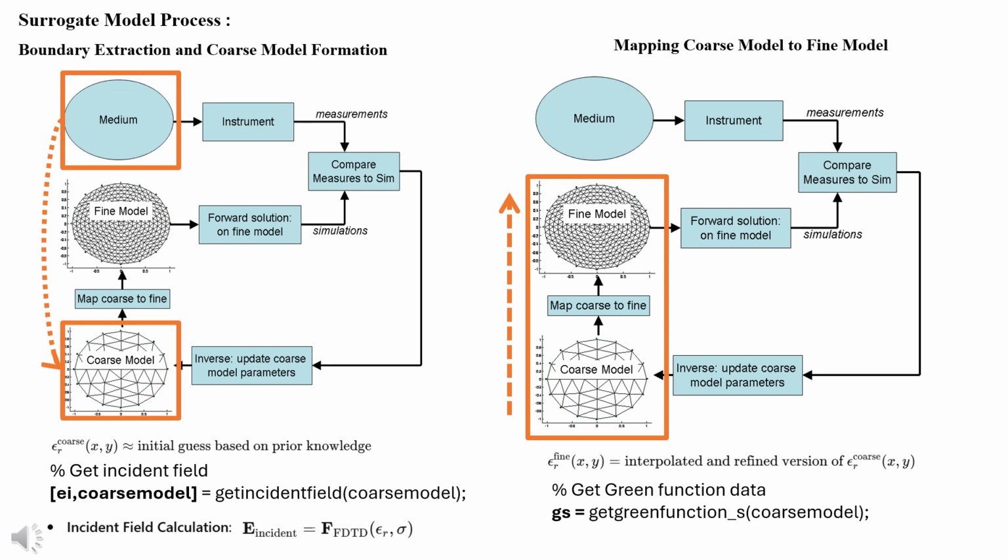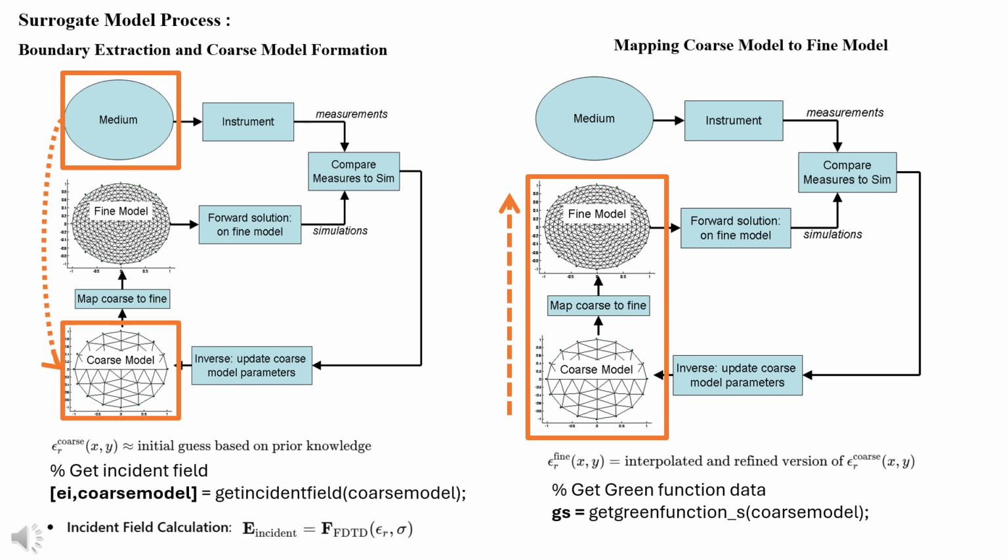The fine model captures detailed variations in tissue properties and is used for more accurate forward simulations. The interpolation and refinement step is crucial because it transforms the low-resolution grid into a higher-resolution mesh. The coarse model's electrical properties, permittivity and conductivity, are interpolated to fit the fine model's grid and updated iteratively with each step.